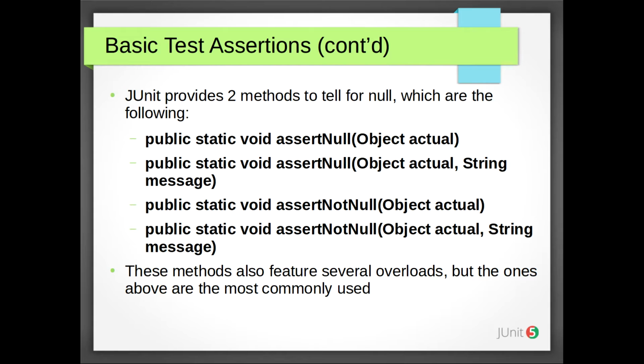JUnit provides two methods to test for null, which are the following. Public static void assertNull(Object actual). Public static void assertNull(Object actual, String message).